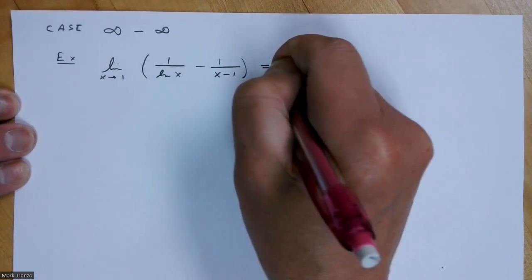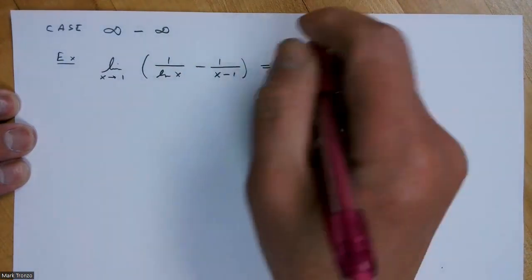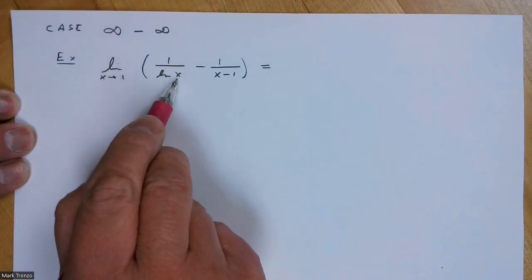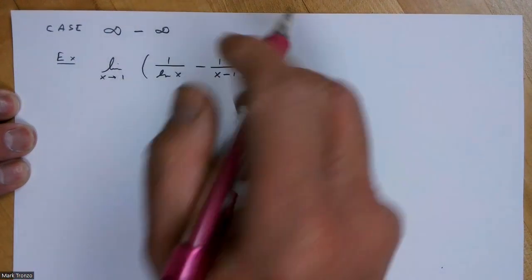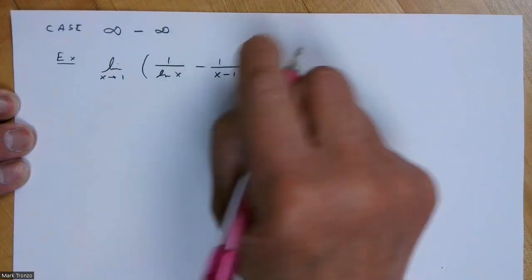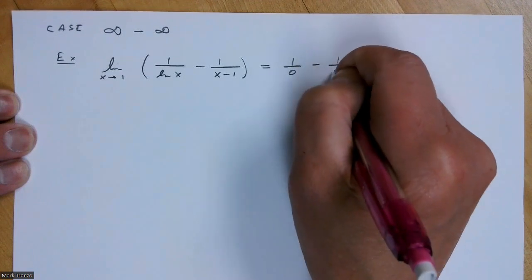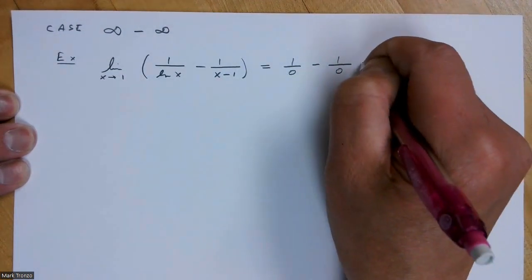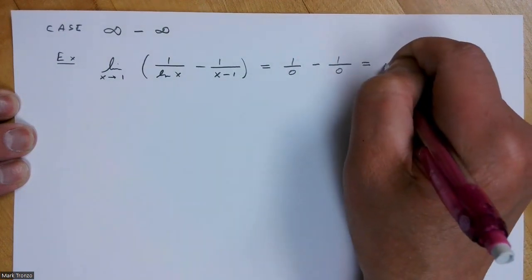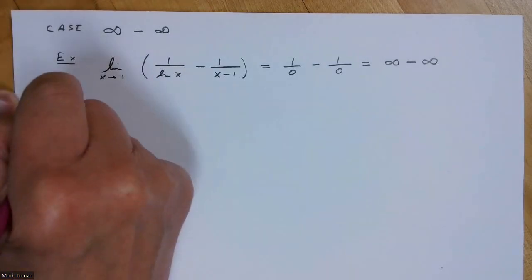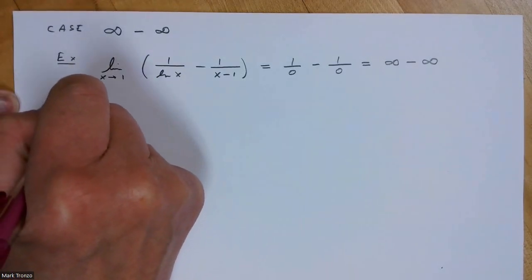We're going to have infinity, because as x goes to 1, log x will approach 0, so 1 over it goes to infinity. And over here, it'll be x minus 1, that's approaching 0. And that's going to be sort of infinity minus infinity like this. So let's see if we can handle this.